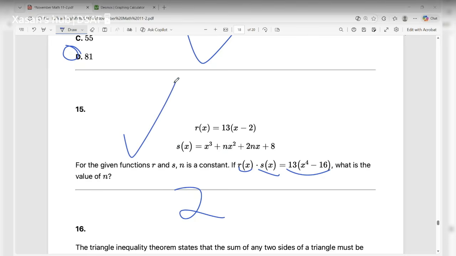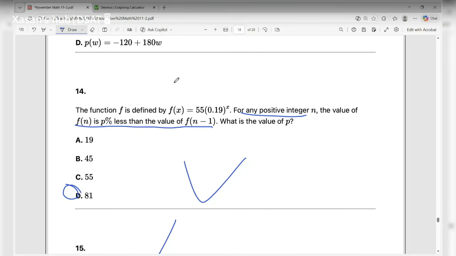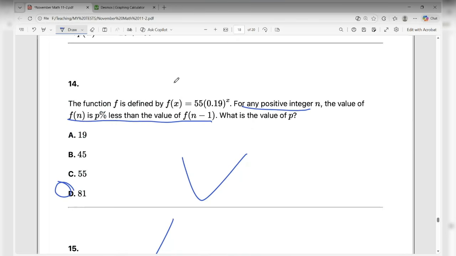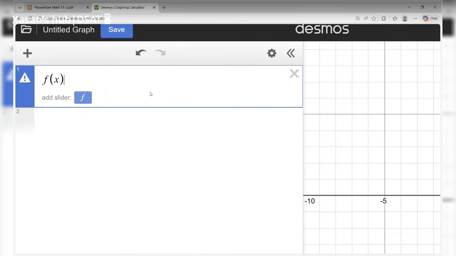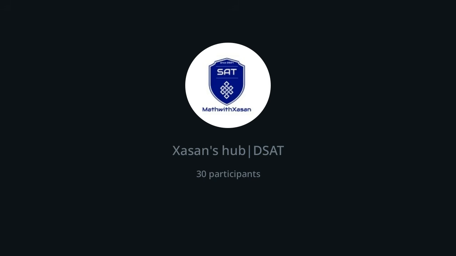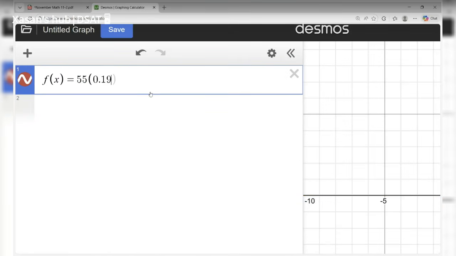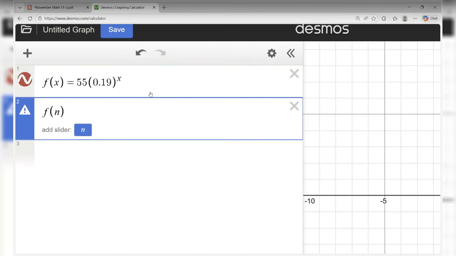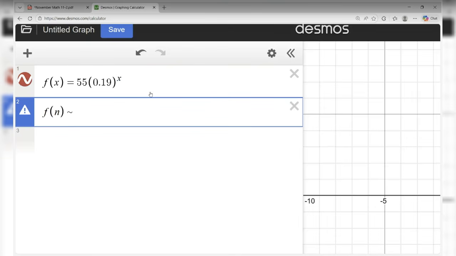And the previous question, guys, we also just write it to the Desmos. A Desmos here works like this. Write the function itself, f of x, equals 55 times 0.19 to the power of x. And the question is saying that f of n is, or we can use the tilde sign, f of n now equals p% less.